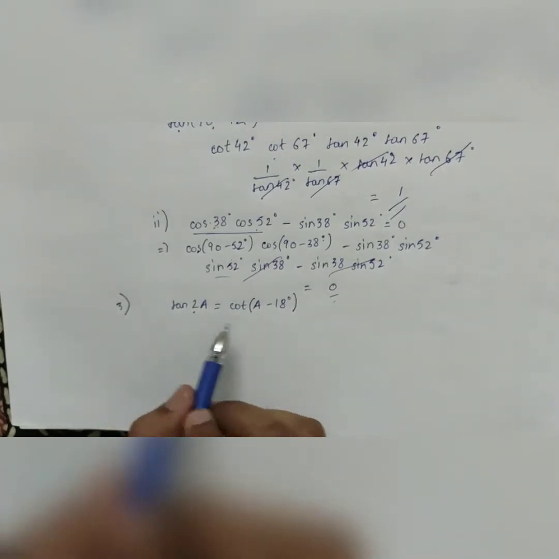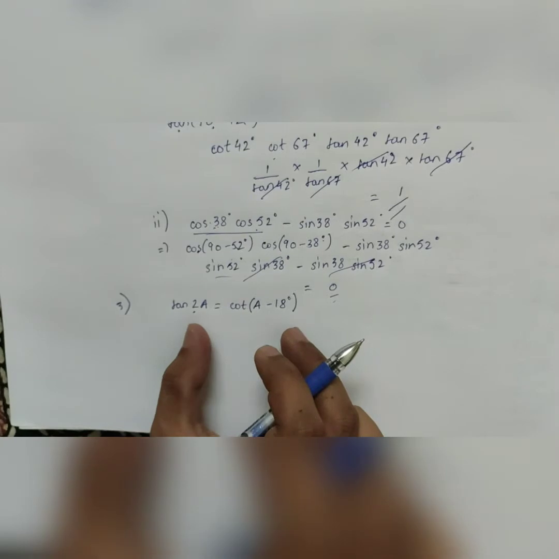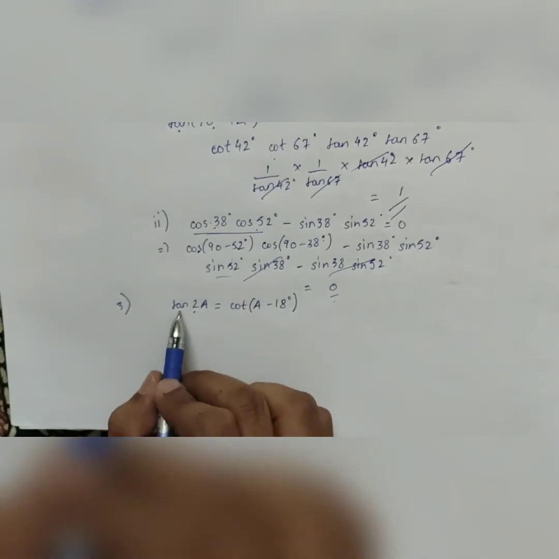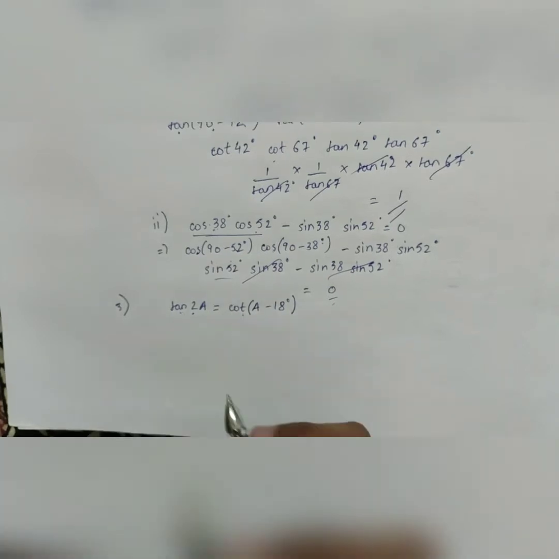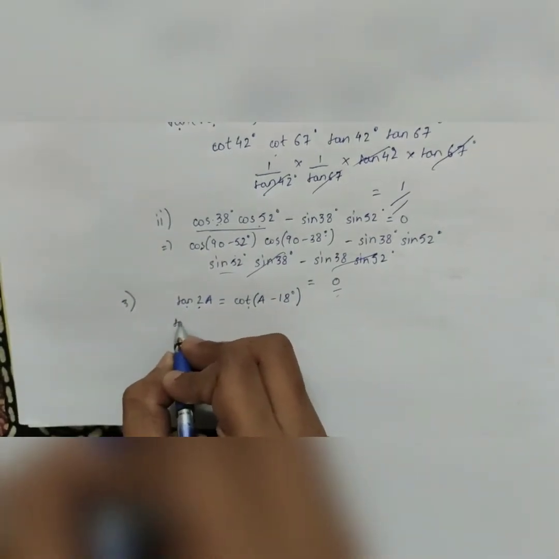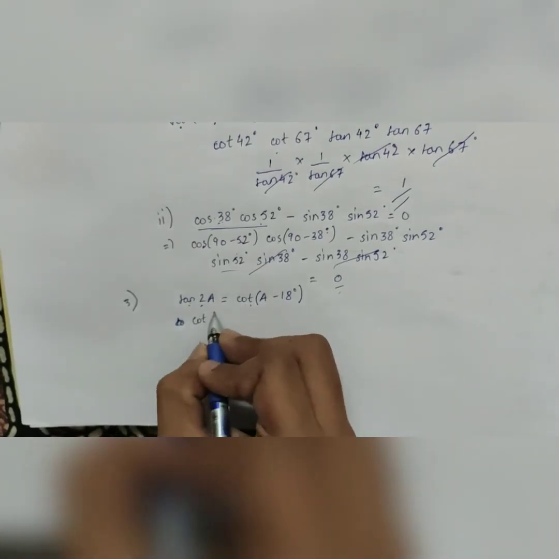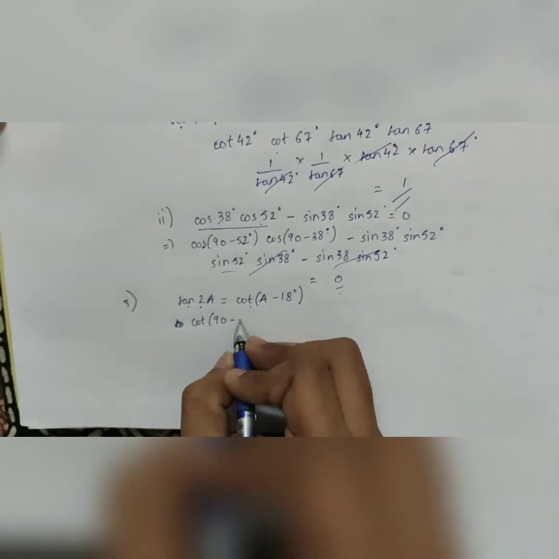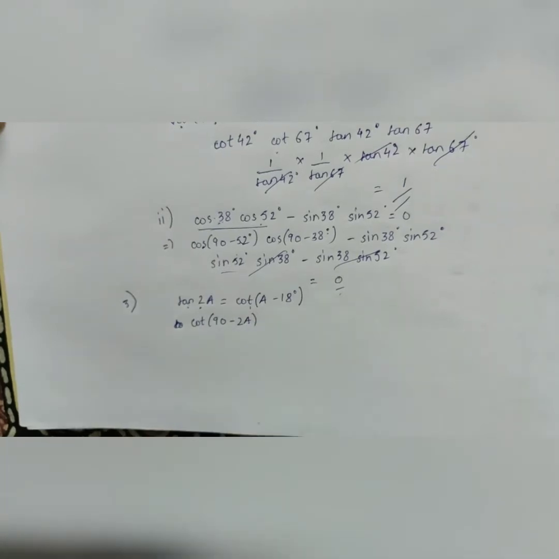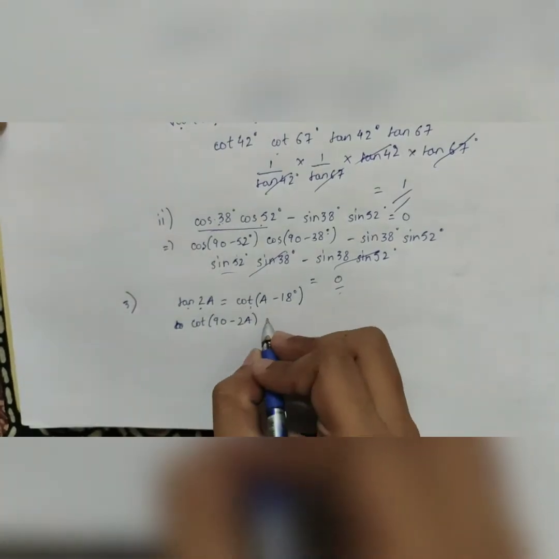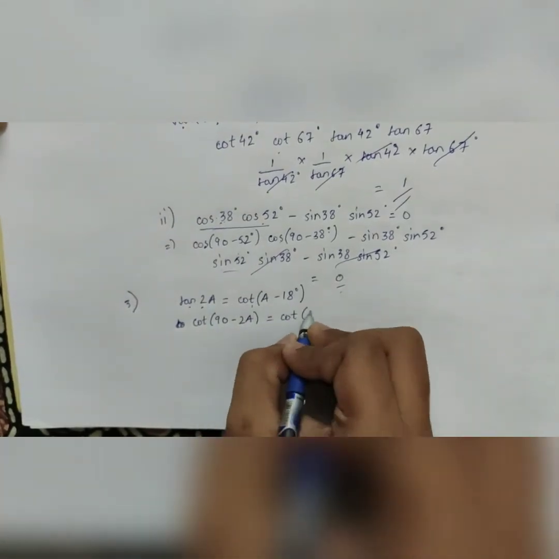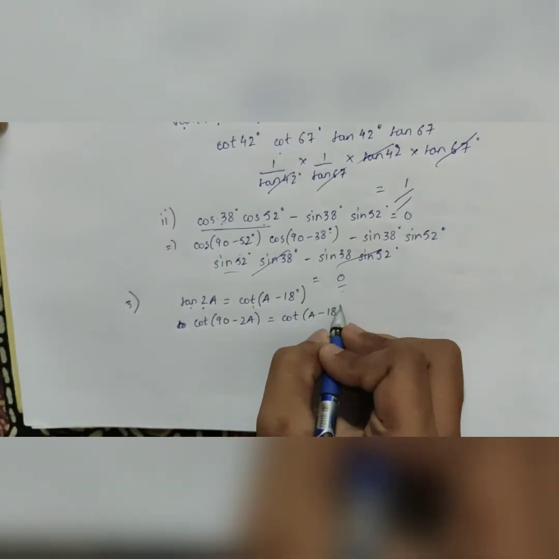In order to compare the angles, because we need to find the value of a, what we can do is convert either tan into cot or cot into tan. Either way you can do. So you can write tan theta is equal to cot 90 minus theta, and leave the other side the same way.